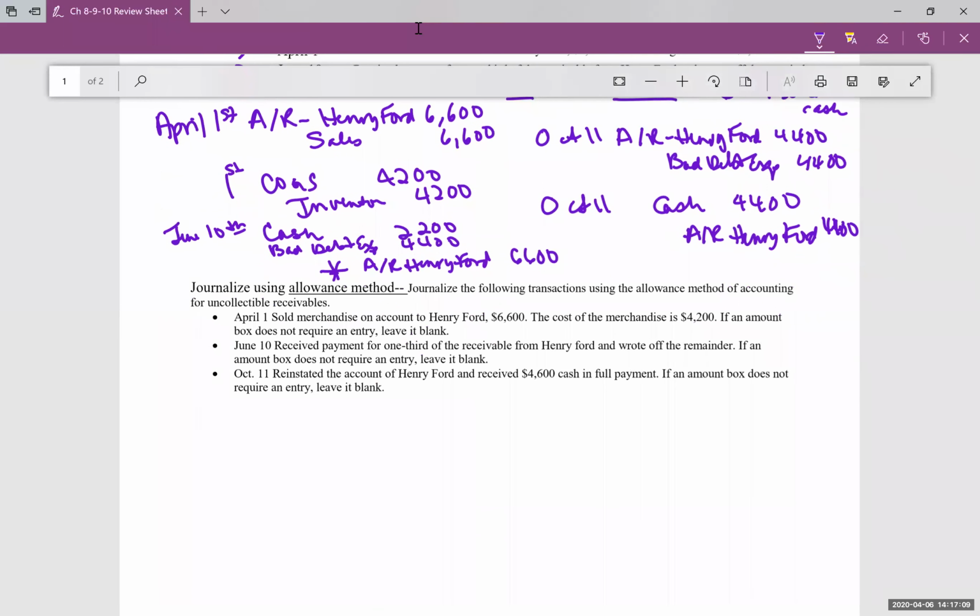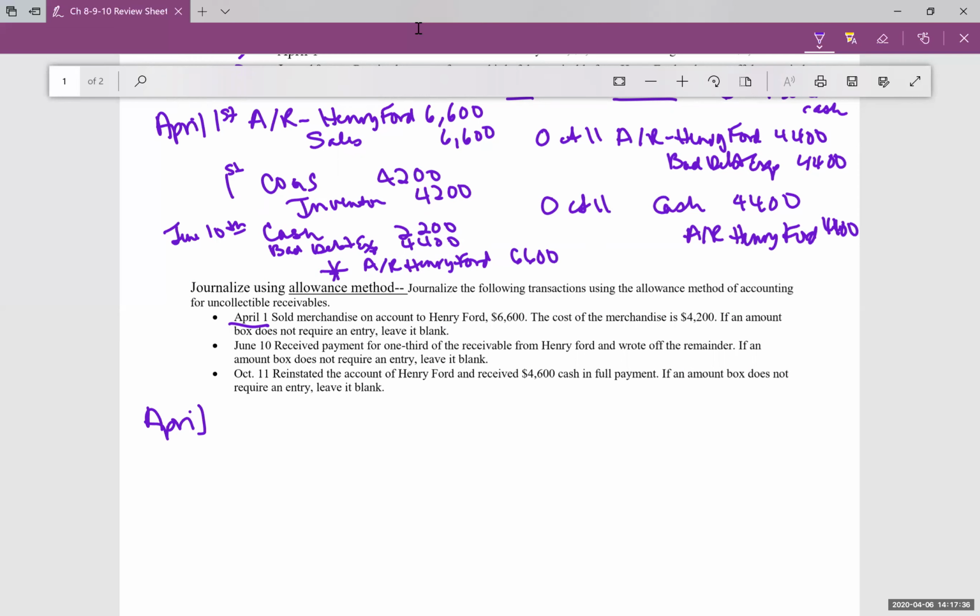We are also going to do the same problem, and this time you need to know how to do the allowance method. So I guess what you need to recall here is when the allowance method happens, you set aside this amount into this allowance for doubtful accounts. So when you actually write it off, you write it off against the allowance. Okay, so again, April 1st, they made the sale.